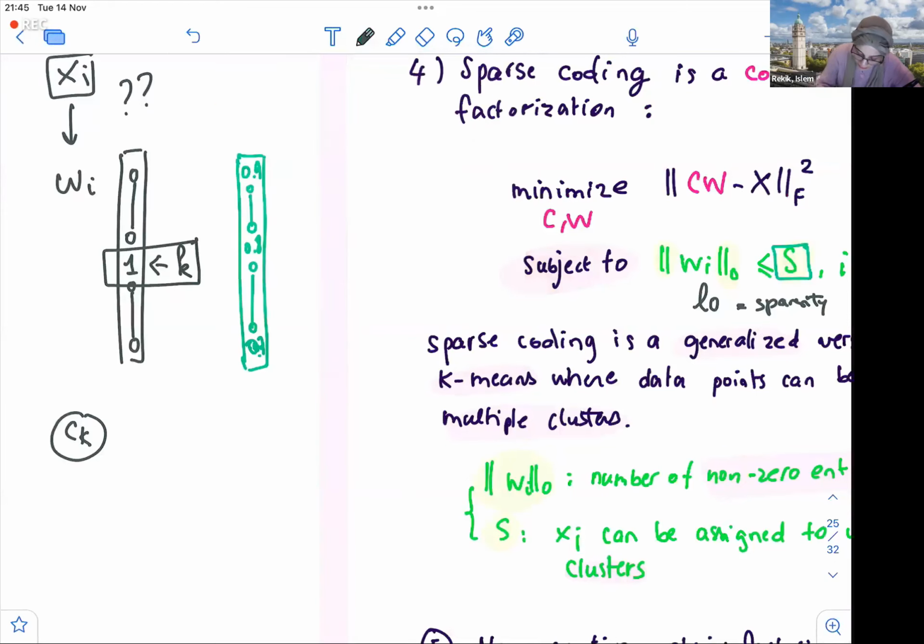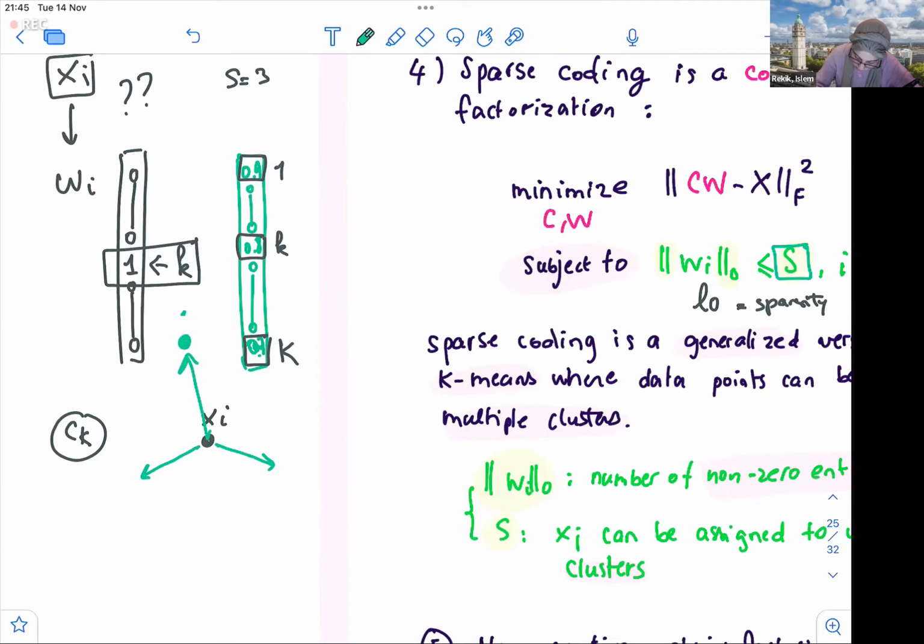It tells us that s here is equal to 3. So my point is assigned to these clusters: cluster 1, cluster, for example, k, and the last cluster, big K. So my point belongs to these.